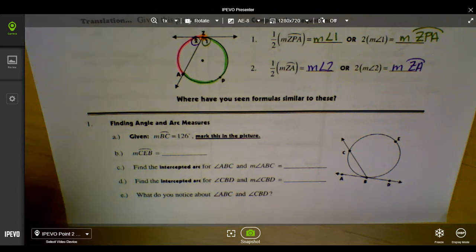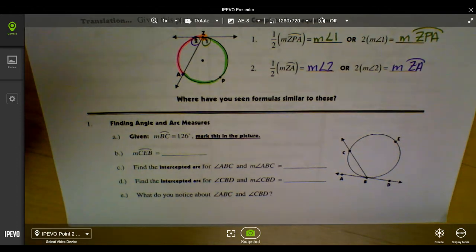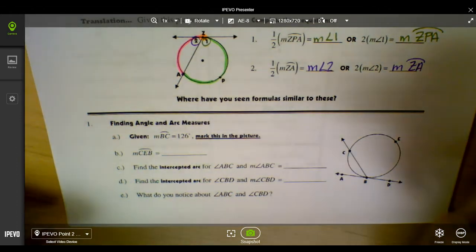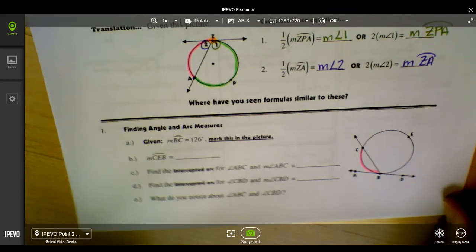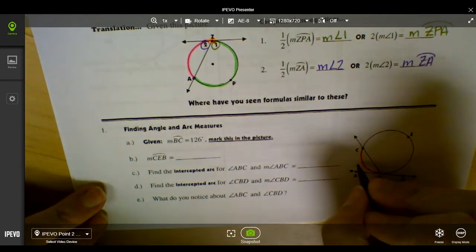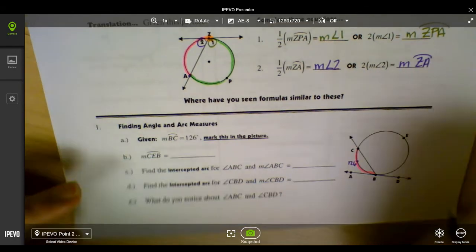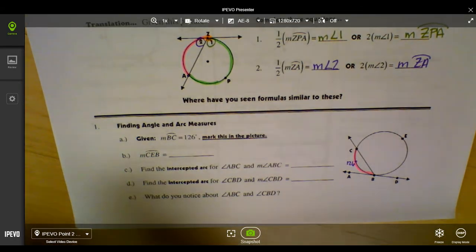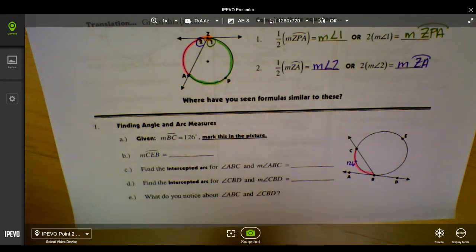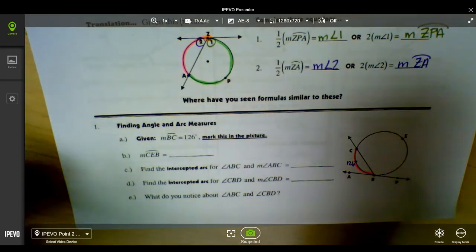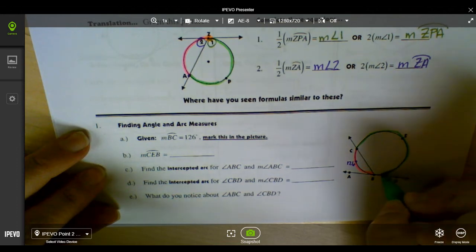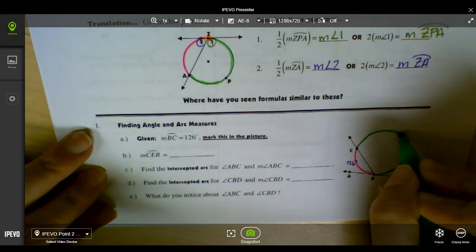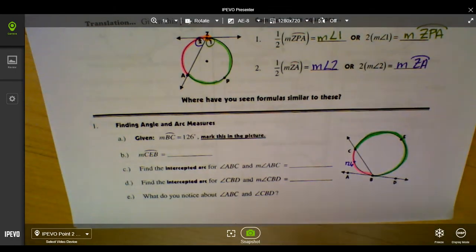Okay, so given that arc BC is 126 degrees, mark this on the picture. So we have arc BC is 126 degrees. Now it wants us to figure out what is the measure of CEB. So C, go through E, and then all the way around to B. My highlighting skills are not that great, but it'll do.